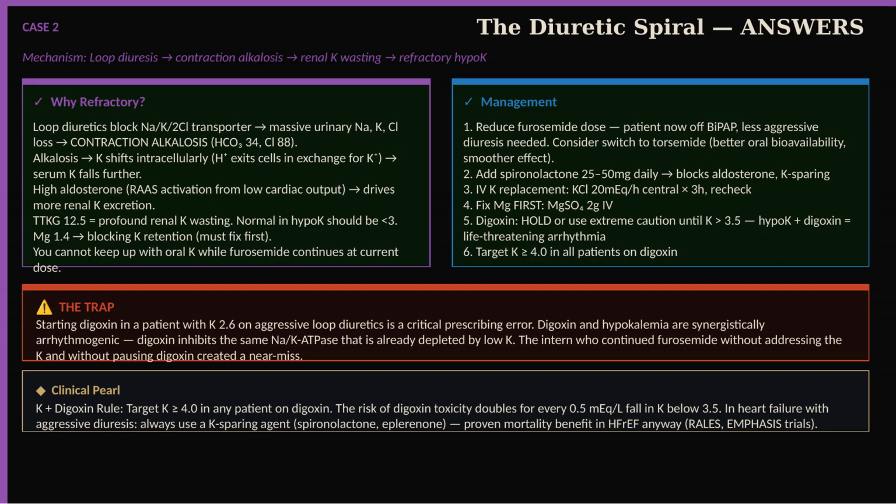The pearl, in anyone on digoxin, target potassium at 4 or above. The toxicity risk roughly doubles for every half point the potassium falls below 3.5. And in heart failure with hard diuresis, reach for a potassium-sparing agent early. Spironolactone and eplerenone earned mortality benefit in the RALES and EMPHASIS trials anyway.